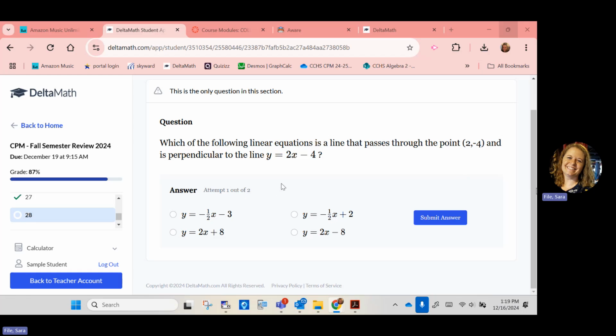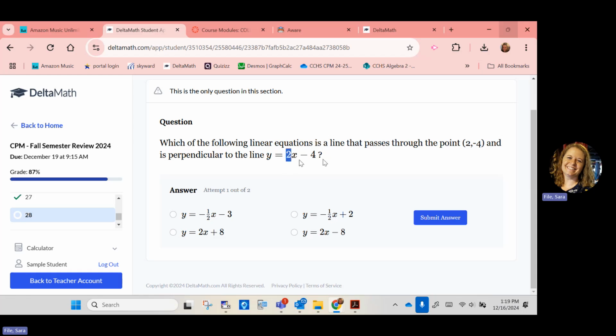So if you're a visual person, you could plug in this line and the answer choices and see which one looks like it makes the 90-degree angle. Okay, or algebraically, you could know that perpendicular lines have opposite reciprocal slopes.